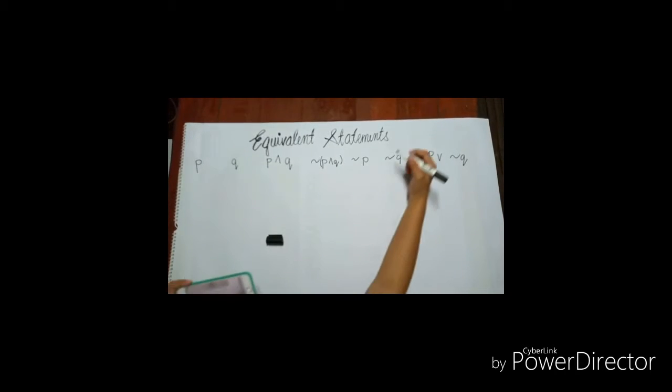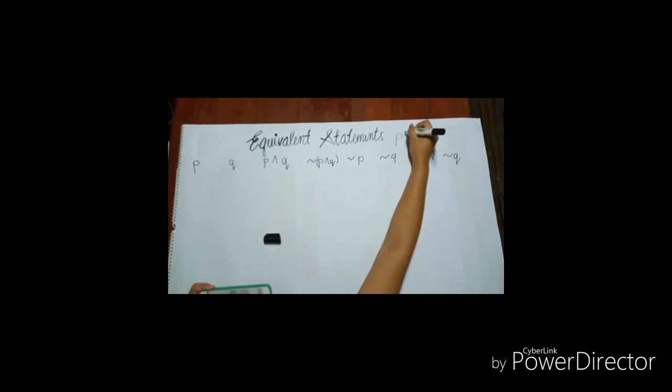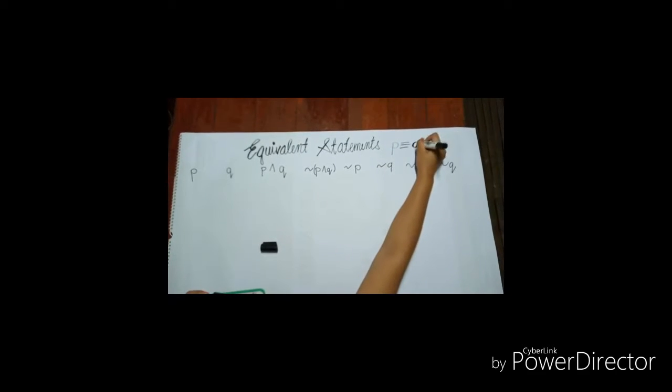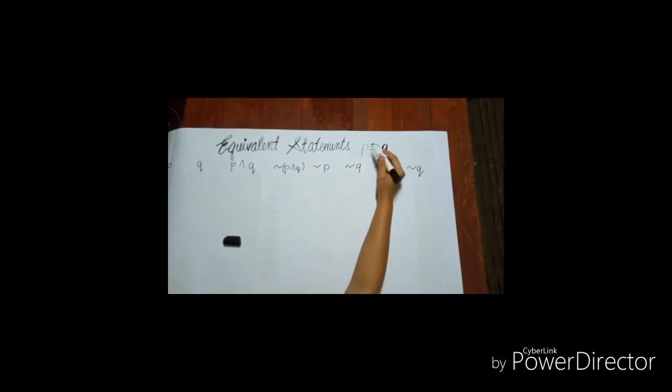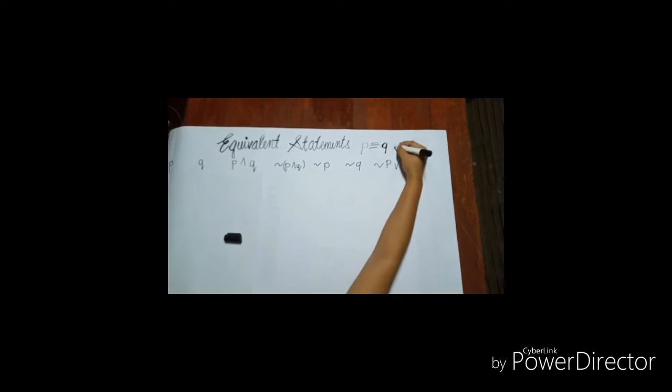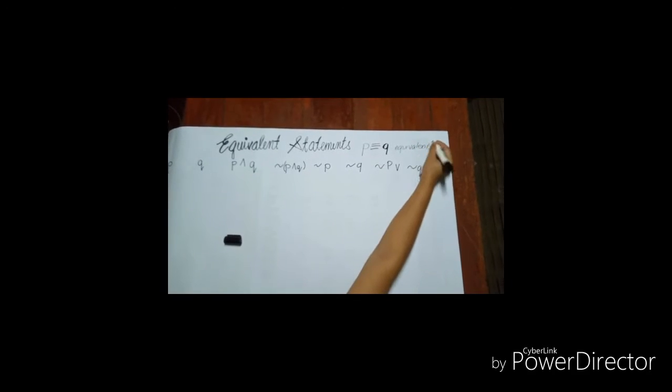The notation P is equivalent to Q is used to indicate that the statements P and Q are equivalent.